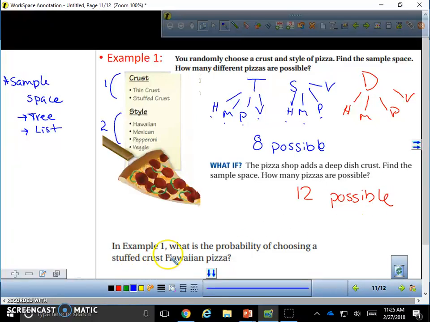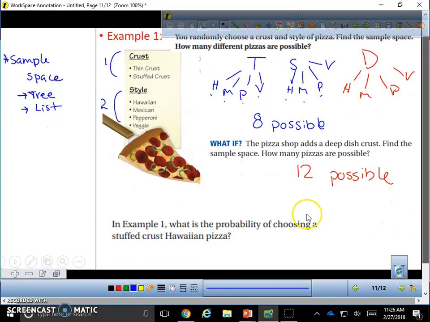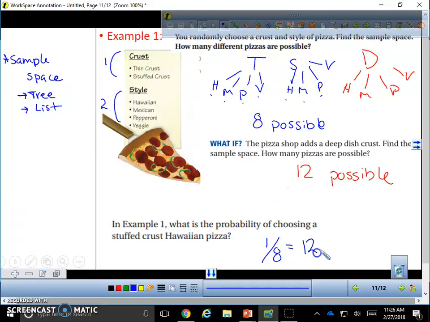All right. What is the probability of choosing a stuffed crust Hawaiian pizza? 1 stuffed crust Hawaiian, 1 out of, we're going to go back to that original and forget this what if, 8. 1 out of 8, which, we do like to put that into percentages. 1 divided by 8 is 12.5%.